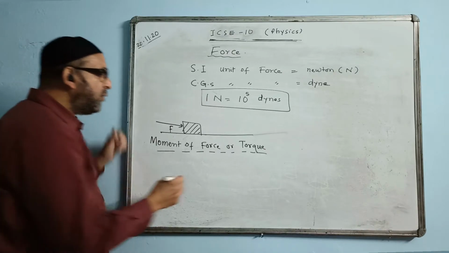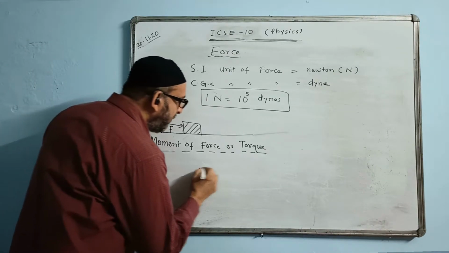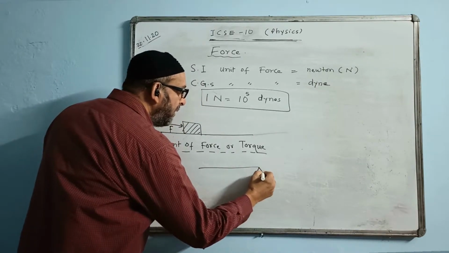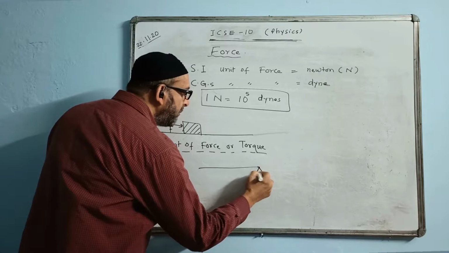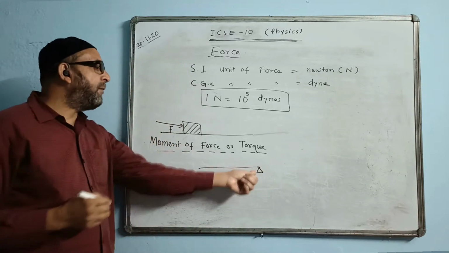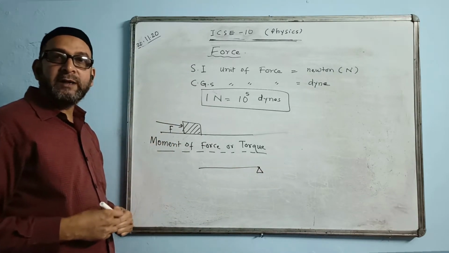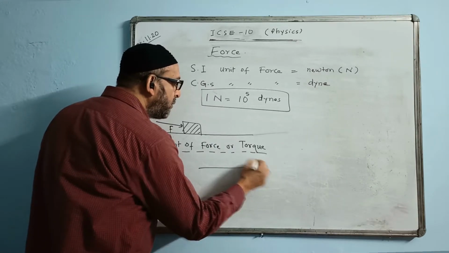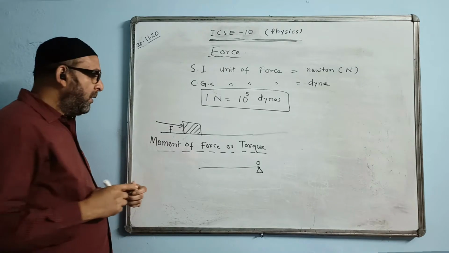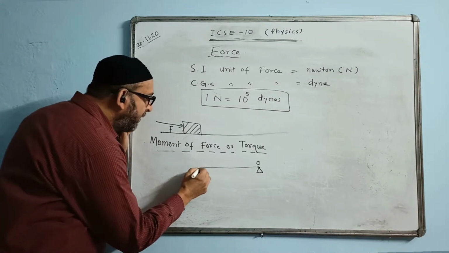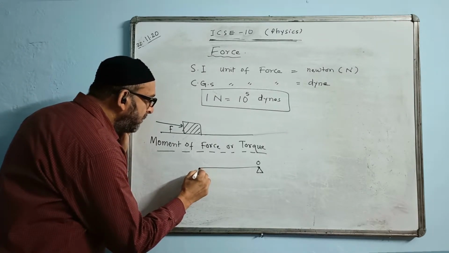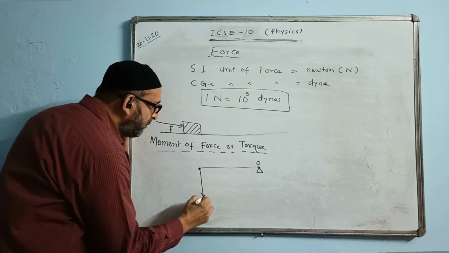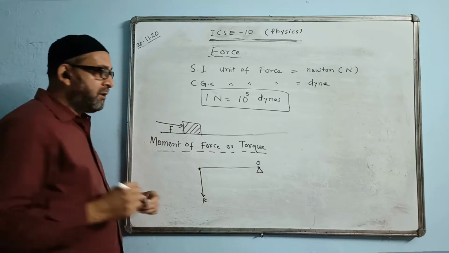So I'll show a diagram. We have a body, it is hinged over here, clamped or pivoted at this point. This point is suppose O. We are giving a force over here, maybe like this, or maybe in the upward direction like this.